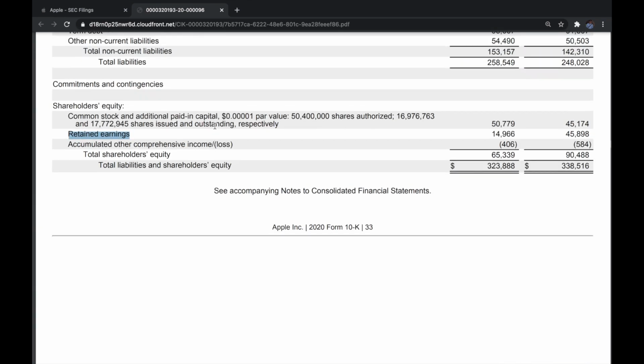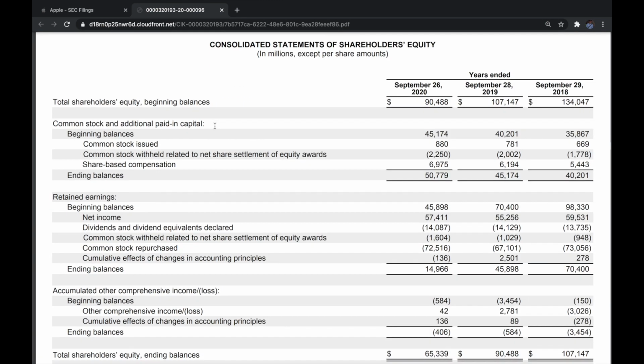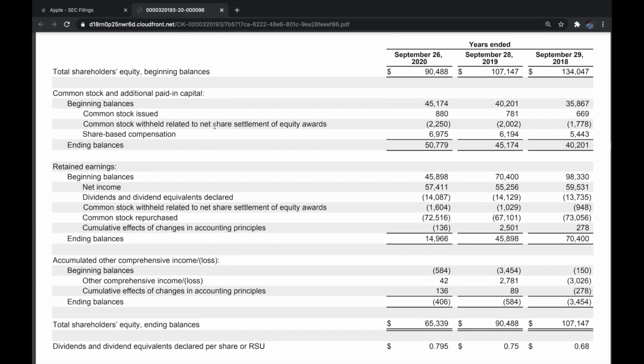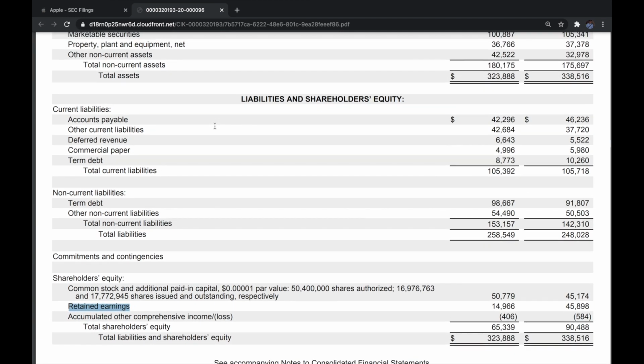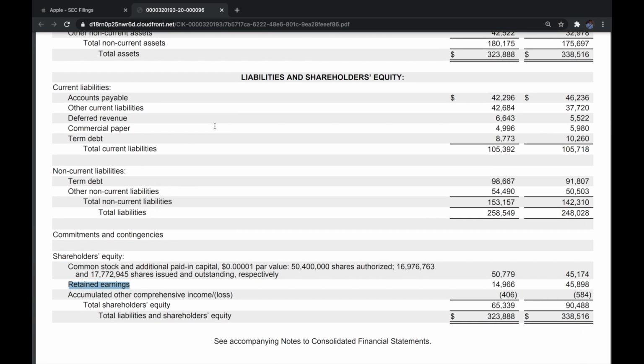So usually the companies decide to pay some part of their profit to their shareholders, to their investors, as a dividend. Then everything that's left can be reinvested back into the business. That reinvestment money is called retained earnings.